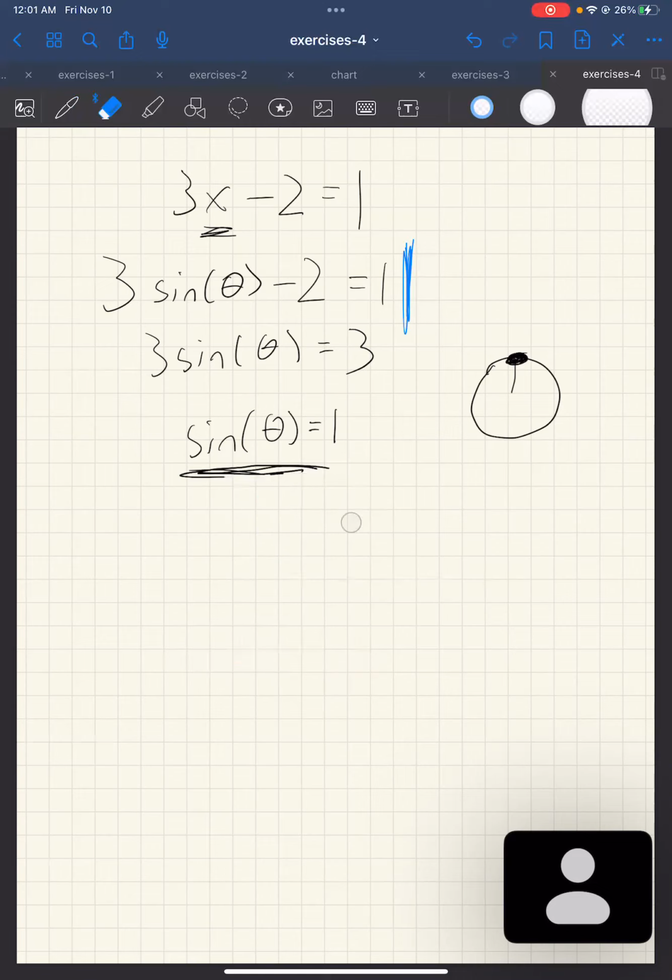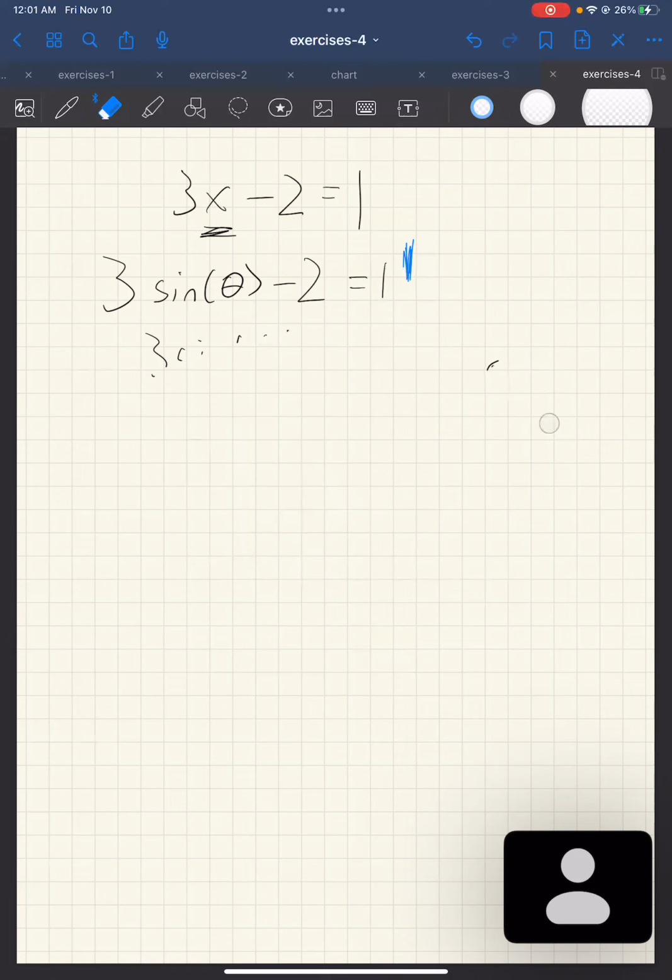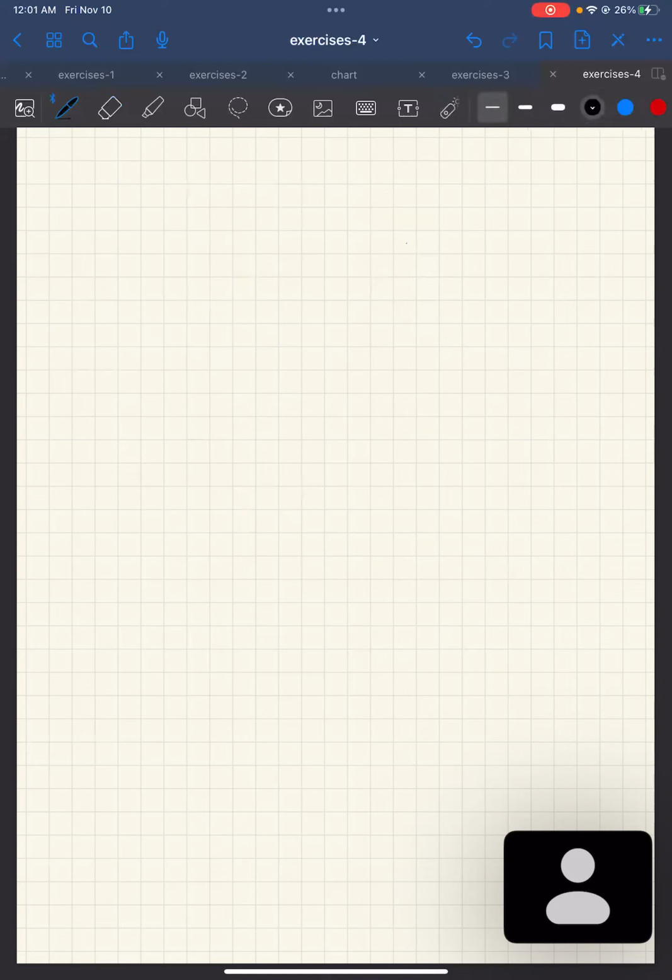So consider instead a question like 2 times sine of theta is equal to the square root of 2. Well, we can maybe immediately see what I'm getting at here. We divide both sides by 2 and get that sine of theta is root 2 over 2.